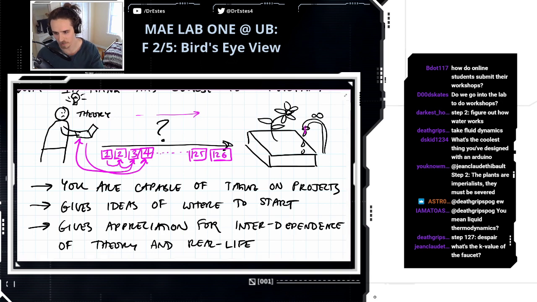Jean-Claude, what's the K value of the faucet? Yeah. Death Grip says step 127, despair. No, really, despair is a part of the process.